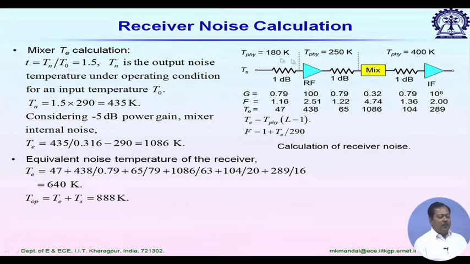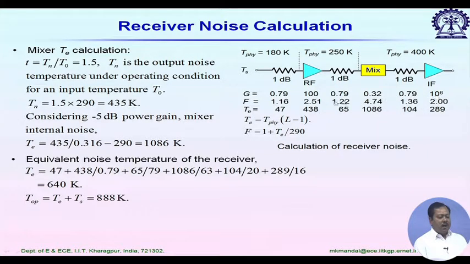Because their physical temperatures are different. For the first one it's 180 Kelvin, second one 250 Kelvin, and the third one 400 Kelvin. And we are simply using these two formulas: TE equal to T physical into (L minus 1), and noise factor F equal to 1 plus TE by 290. That's how you can calculate these values for all these components.